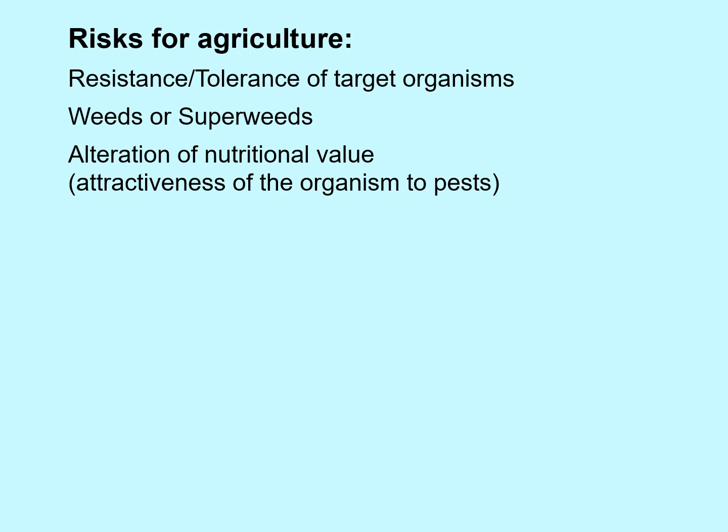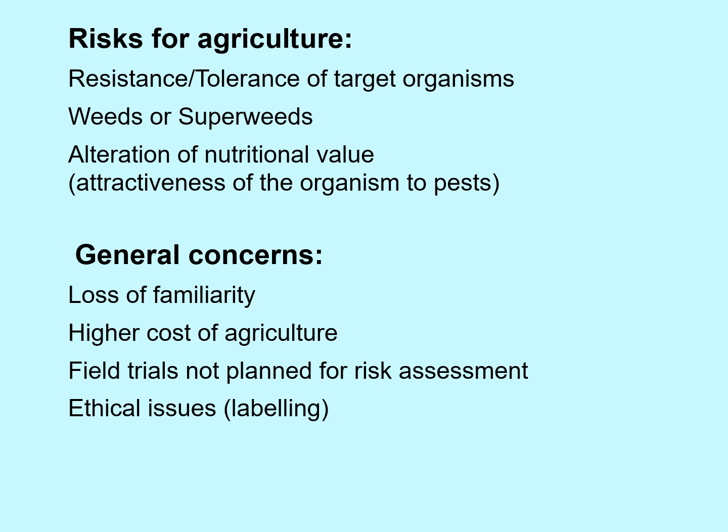What are the risks for agriculture, such as resistance or tolerance of target organisms? Or are we creating superweeds? Or are we altering the nutritional value? And general concerns, that is the loss of familiarity of the plant. So do we expect every fruit to always look perfect?